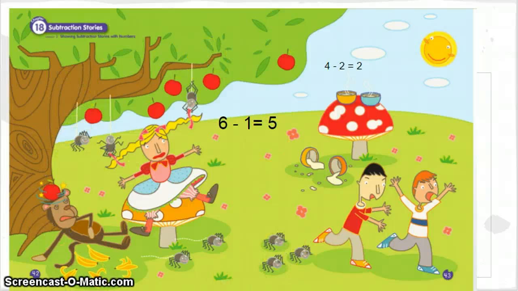So remember, you want to think about your big number first. How many were there altogether? How many ran away? And how many were left? Then your second subtraction sentence will be for the bananas. We want to show how many bananas were left after some bananas were eaten.